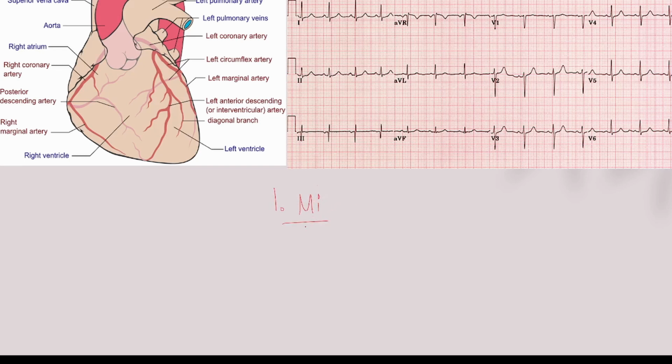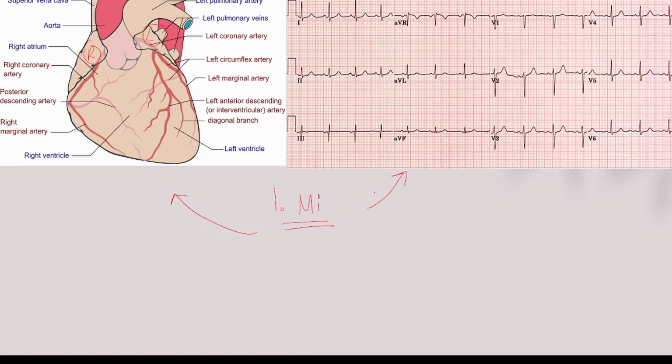Here we have a blockage in one of our coronary arteries, and as you can see, this is an image showing the blood supply of the heart. We see the right and the left coronary artery, which gives off branches to a certain portion of the myocardium. Now let's imagine one of these becomes blocked. Would we be able to see this on the ECG?